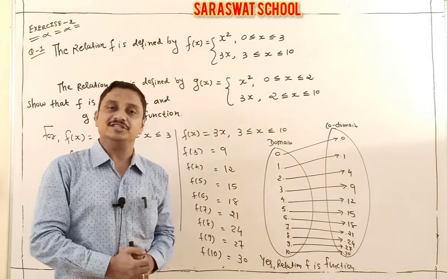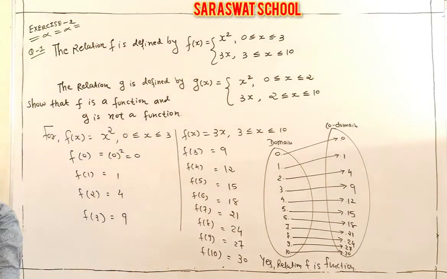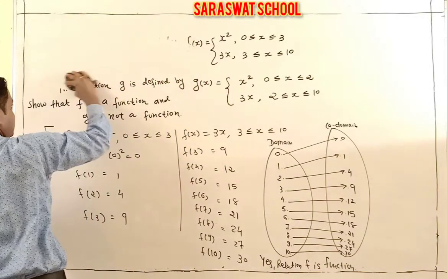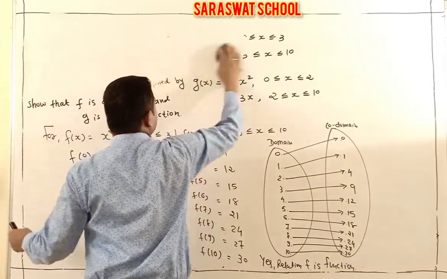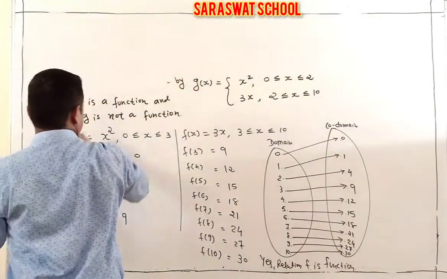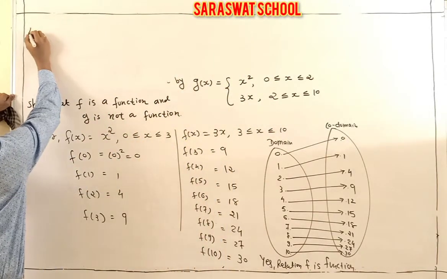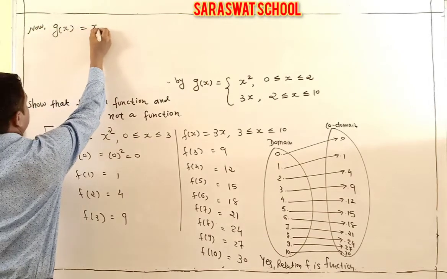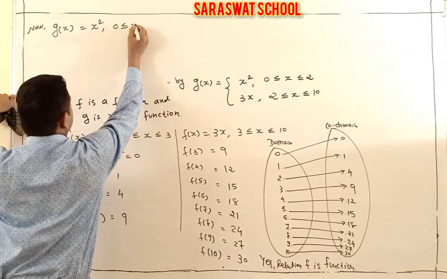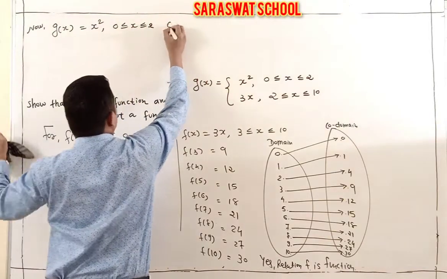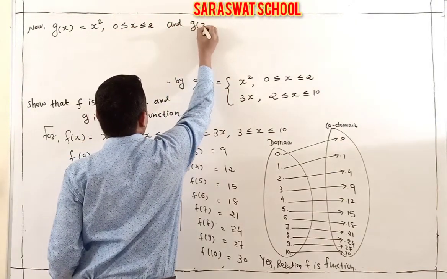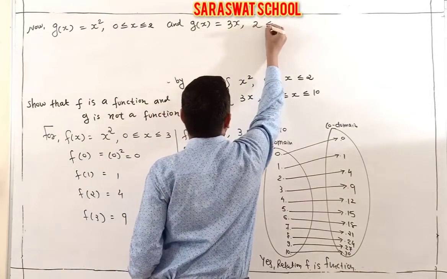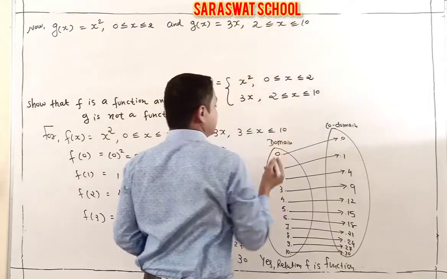Now I start g(x). And g(x) I will also check similarly and prove that g(x) is not a function. Yes students. Now g(x) is x square, for 0 less than x less than 2, and secondly g(x) is 3x, for 2 less than x less than 10.